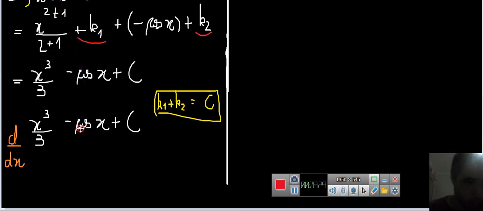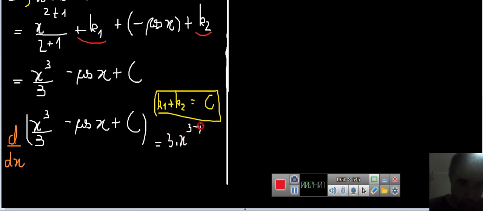So when we derive, we use the polynomial rule. So we take this exponent, multiplying this term right here, so we get 3, and we subtract 1, okay?